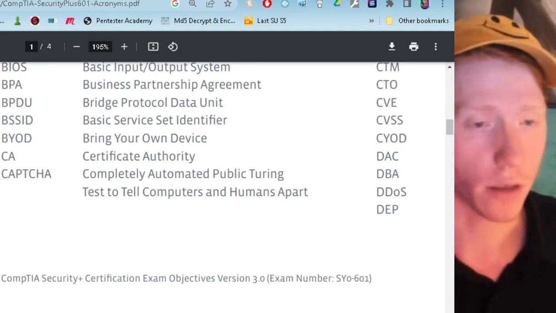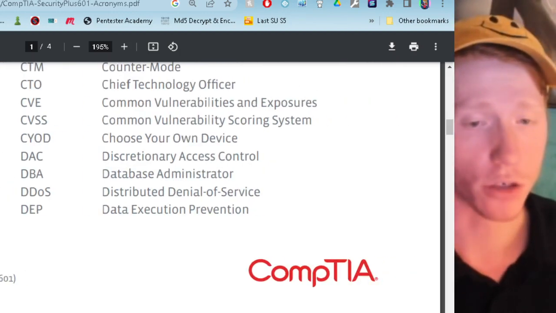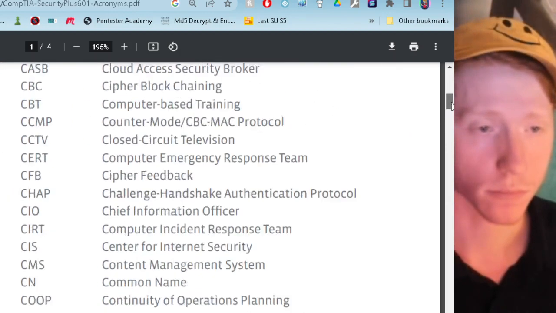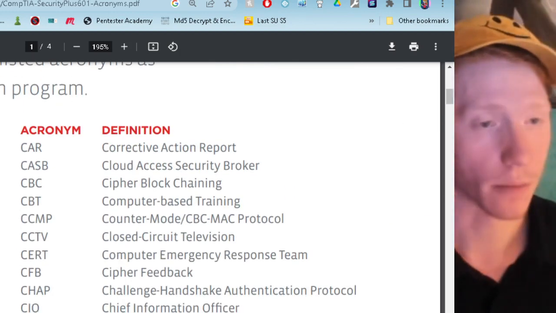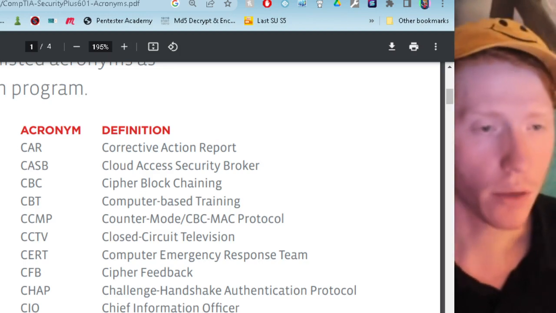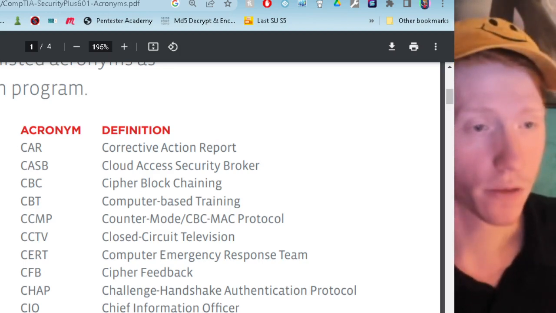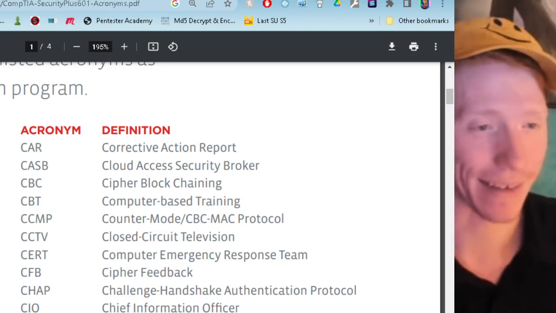CA, Certificate Authority. CAPTCHA, Completely Automated Public Turing Test to tell Computers and Humans Apart. CAR, Corrective Action Report. CASB, Cloud Access Security Broker. CBC, Cipher Block Chaining. CBT, Computer-Based Training.